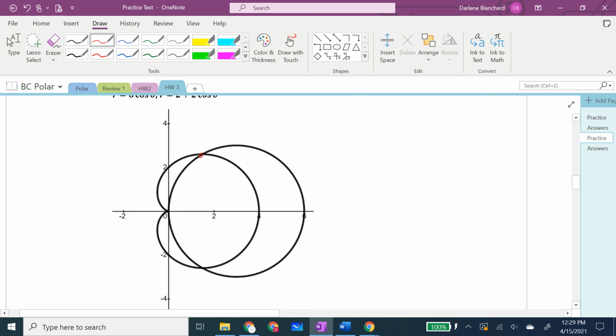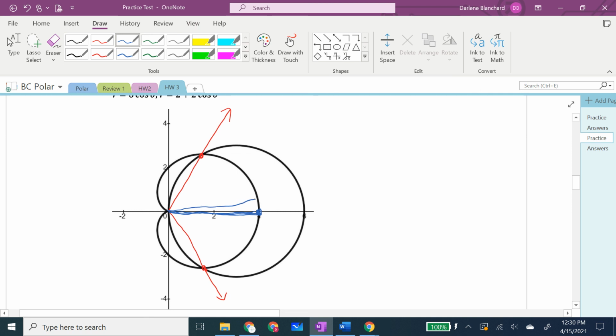And what I'm going to do is I'm going to draw the intersection angles. And if you're looking at area inside both, I'm going to start at angle 0 because we typically start at 0. So there is a little radius line that stays inside both.